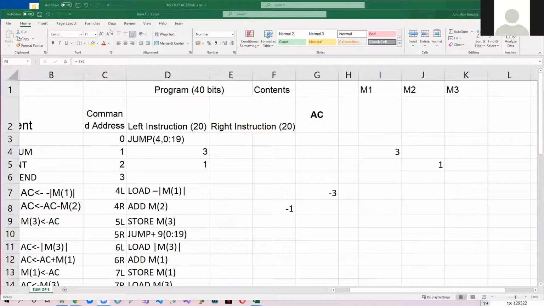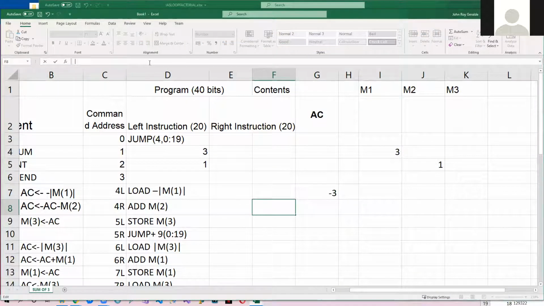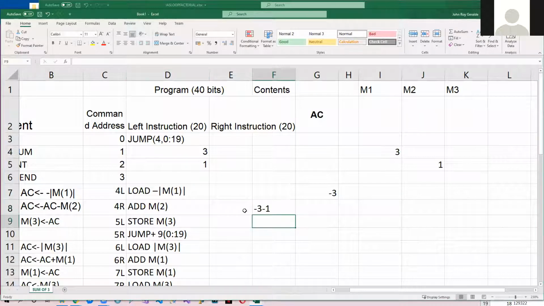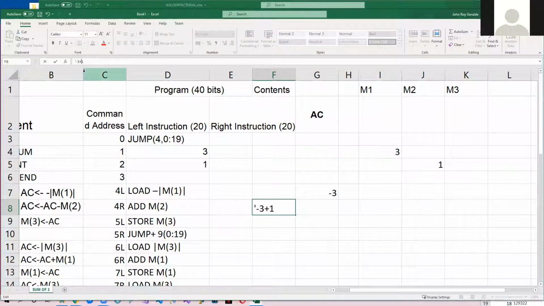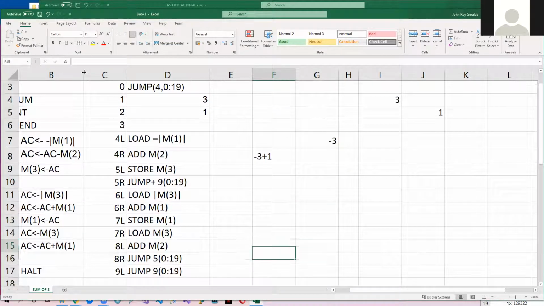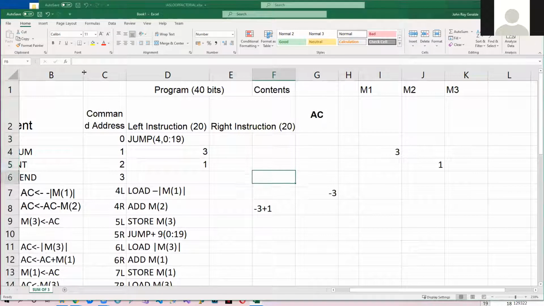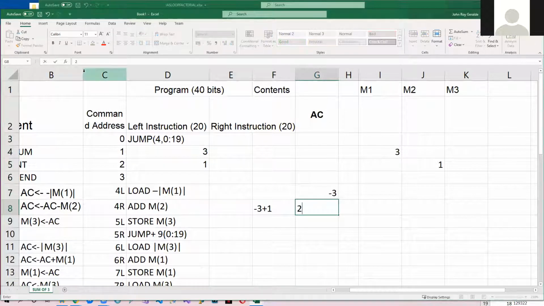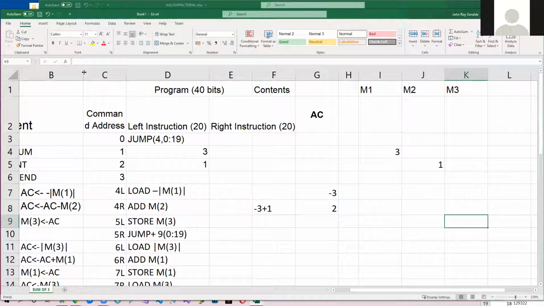I'm sorry, it's negative 3 plus 1, because we are doing an add instead of a minus. This is the same program which I explained to you last meeting, so there's no reason why it will be difficult. I've changed the mul to add. So this becomes negative 2. And store M3, this is our next addend, remember?